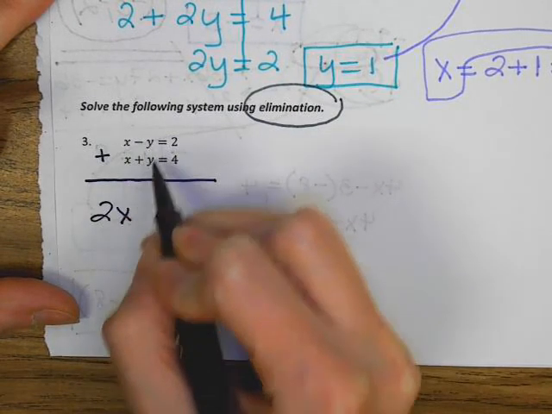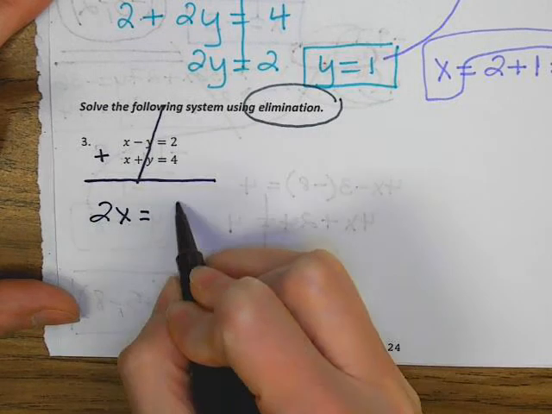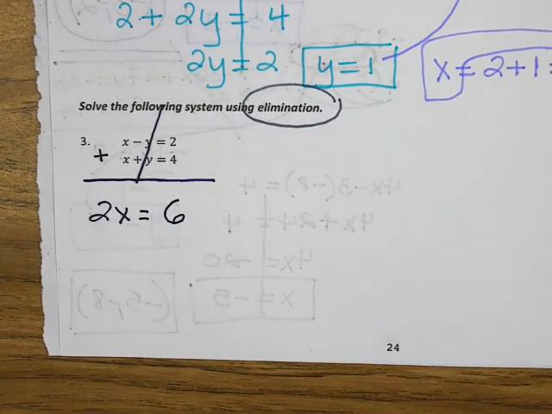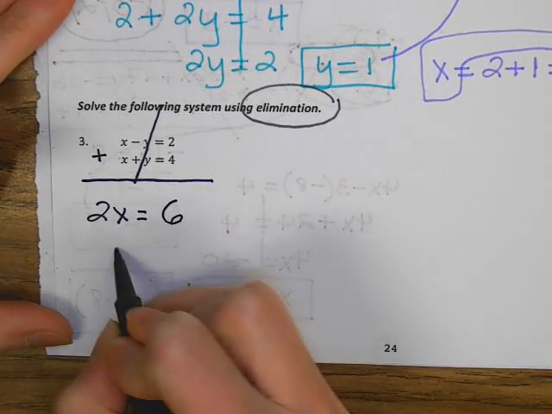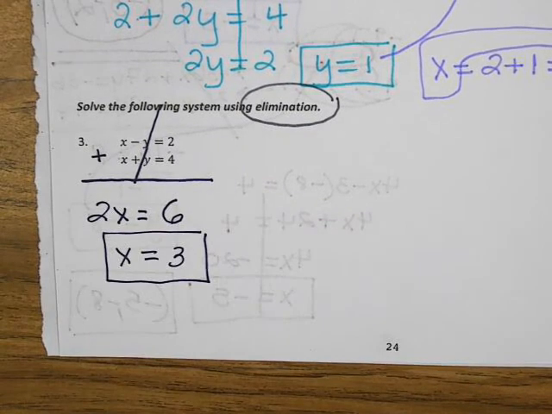Negative y plus y eliminates, and then 2 plus 4 is 6. Oh my gosh, this one was perfect for elimination. Divide by 2, x is 3. Look at that, we already got x.